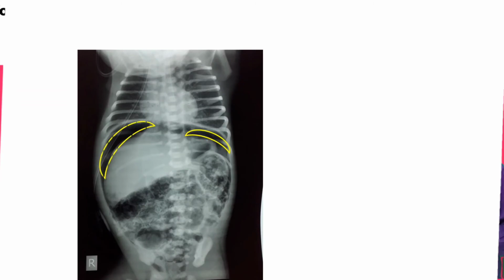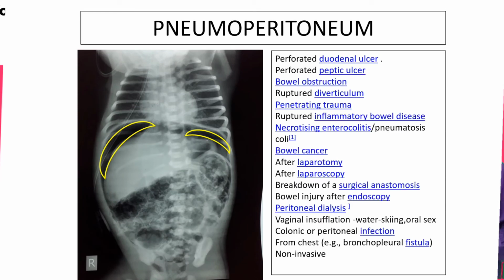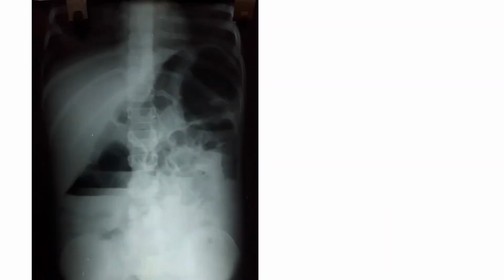Bilateral air below the diaphragm in this picture may be due to pneumoperitoneum, and there are multiple causes: perforation of a duodenal ulcer, perforated peptic ulcer, bowel obstruction, ruptured diverticulum, penetrating trauma, inflammatory bowel disorders, after laparotomy, after laparoscopy, surgical anastomosis, bowel injury during endoscopy, peritoneal dialysis, and there may be some peritoneal infection or colonic infection.